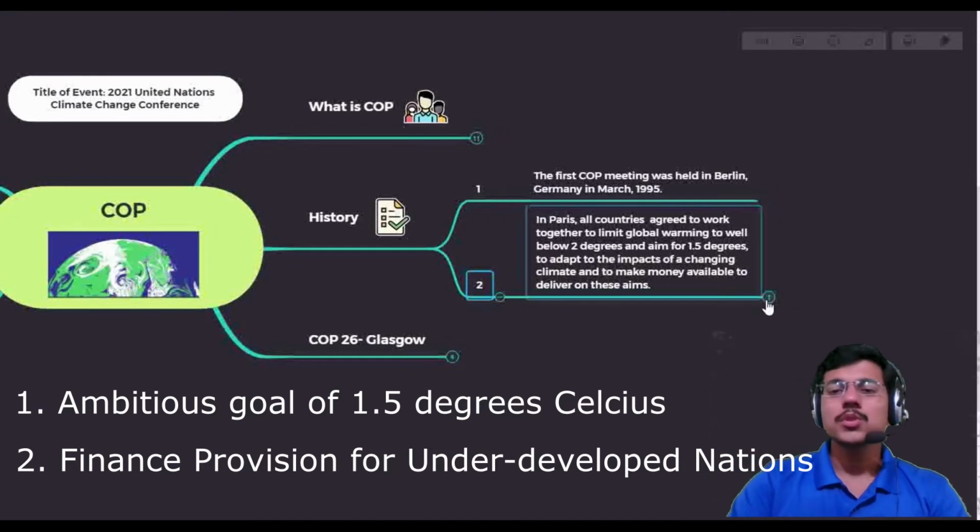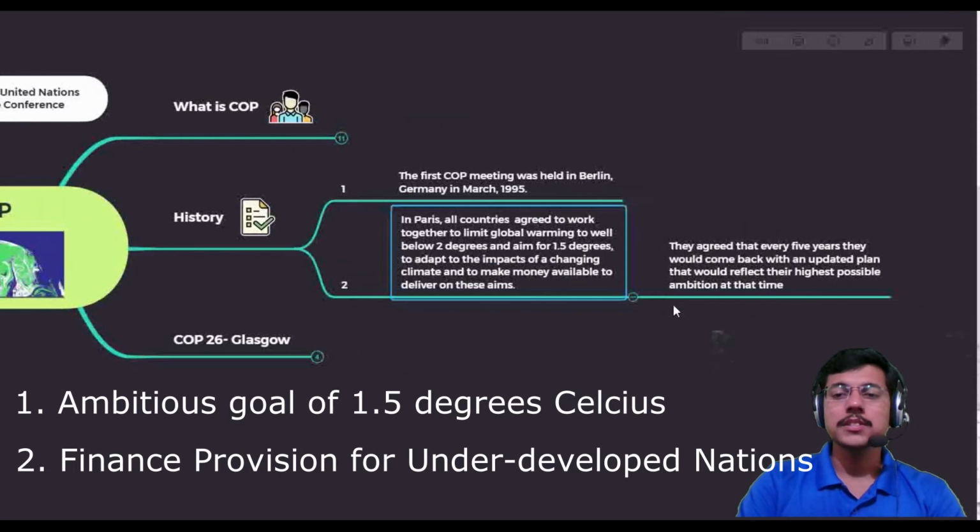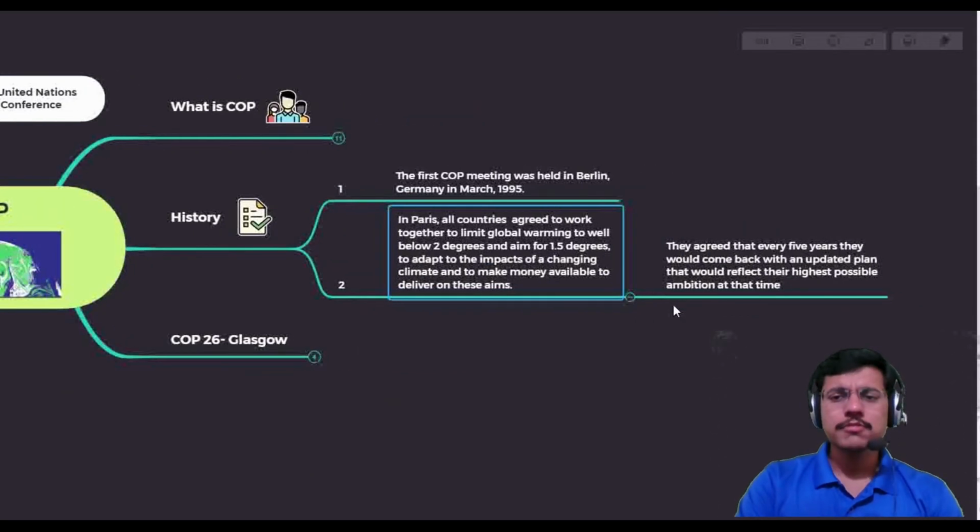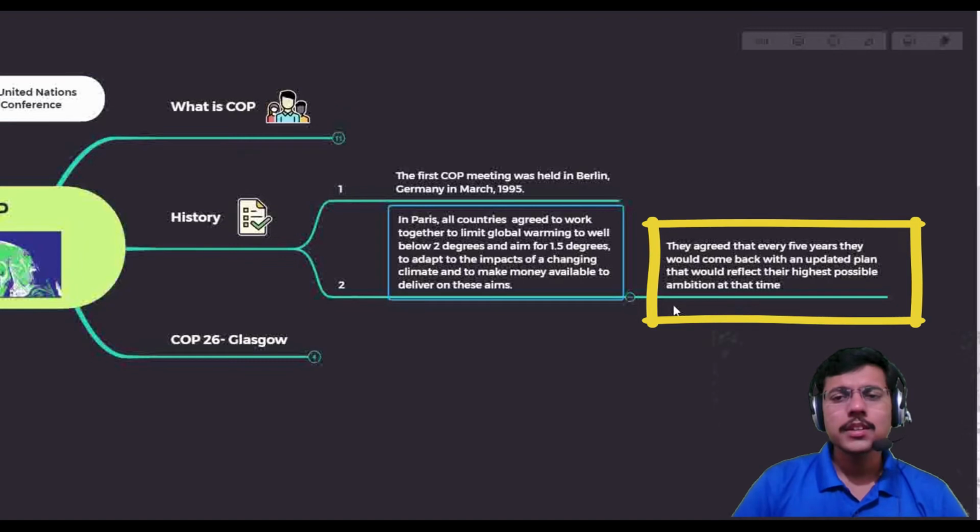Those were the two important things that happened in Paris. And in 2015, all countries also agreed that every 5 years they would come back with an updated plan which would reflect their highest possible ambition at that time.